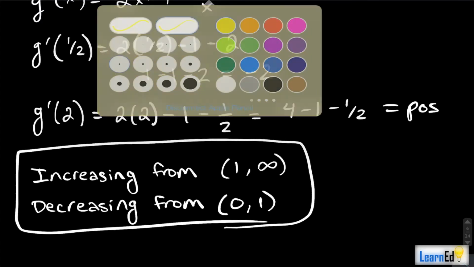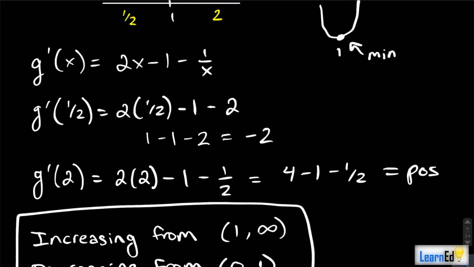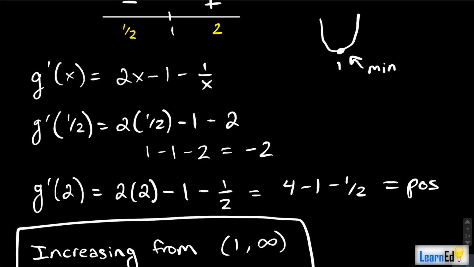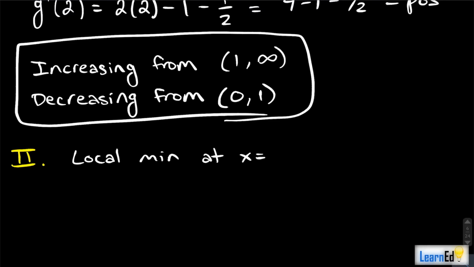Moving on to part 2, we're going to talk a little bit about local maxes and mins again. We know from our first part that there is going to be a local min at x equals 1.